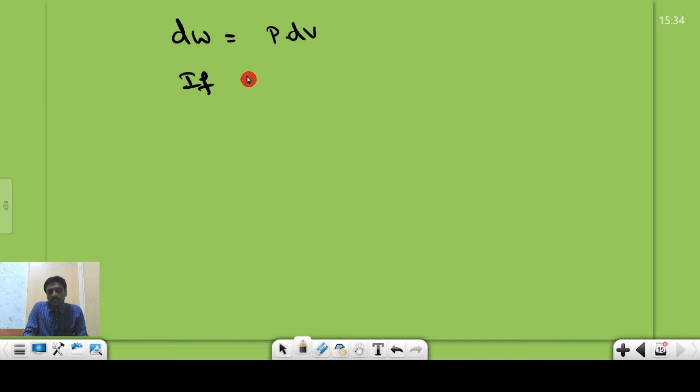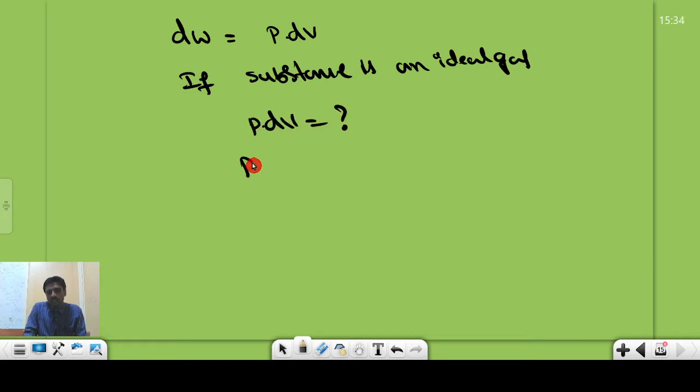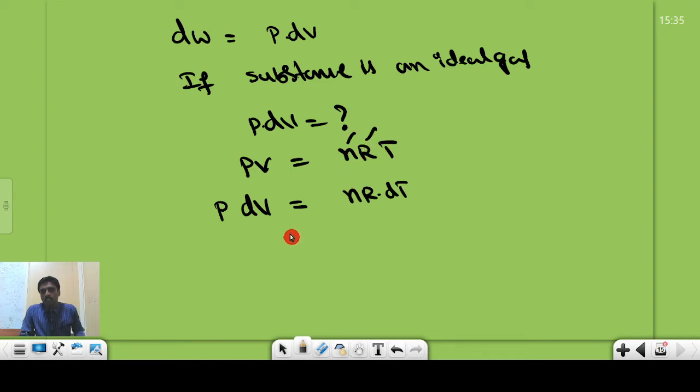If the substance is an ideal gas, then we take PV equals nRT. With the pressure constant, P dV is equal to nR delta T, because n is the number of moles, R is the ideal gas constant, and the only variable parameter is the change in temperature. I did the partial differentiation of the above equation by keeping the pressure constant.